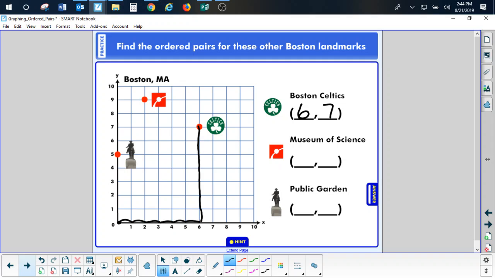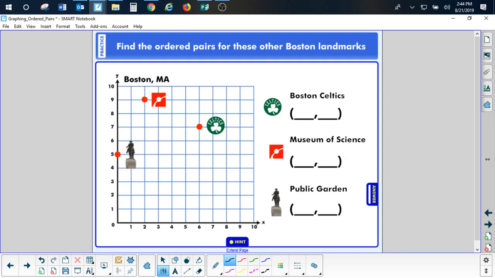For the Museum of Science, you would start at the origin again, and you would move over this time only 1, 2 units to the right. And I would go up 1, 2, 3, 4, 5, 6, 7, 8, 9 units to get to the Museum of Science.